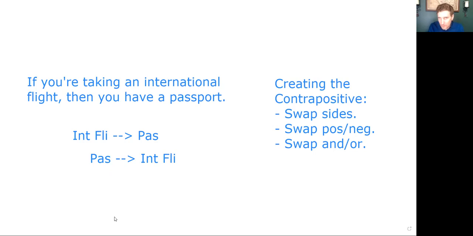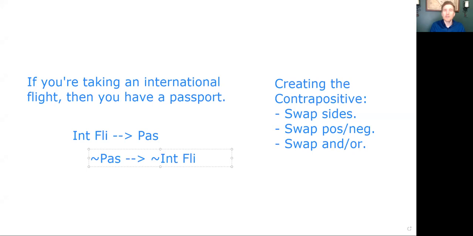We then also need to swap positive negative. Now, so far, everything has been positive. International flight, passport, those things happening. So now we need to make it negative. To make it negative, we're going to include a tilde. The tilde is a fast way of writing the concept of not. You could write the full word not, but that would take some time. So it's faster to just use the tilde.